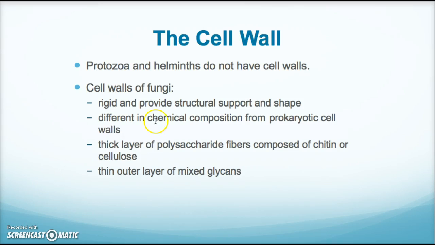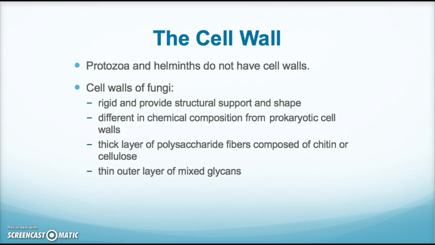However, they differ in their chemical composition from those prokaryotic cell walls. Hopefully you remember that those had the peptidoglycan layer. In this case, you'd see thick layers of polysaccharide, sugar fibers that are composed of chitin or cellulose. And then you might also see a thin outer layer of mixed glycans.